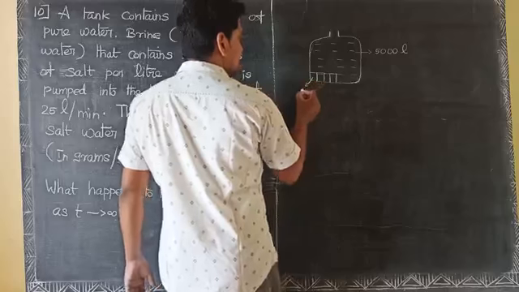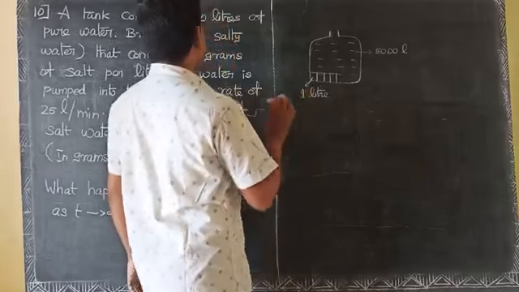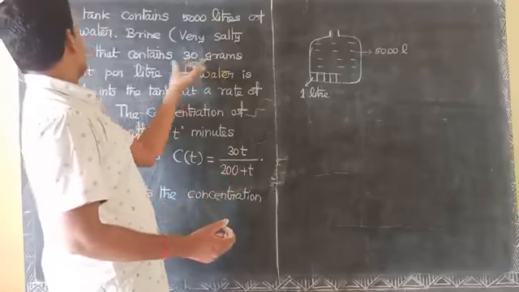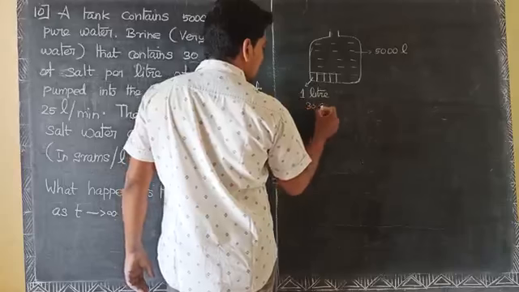Each liter, this is 1 liter of water, contains 30 grams of salt. Each liter has 30 grams of salt.